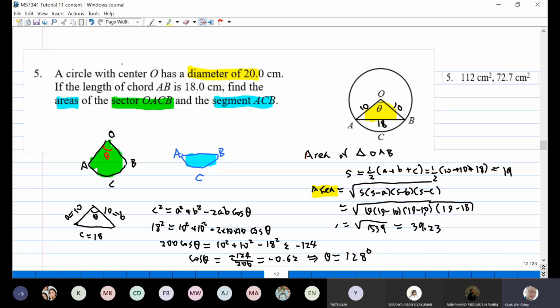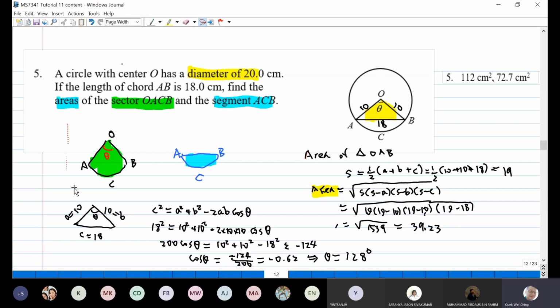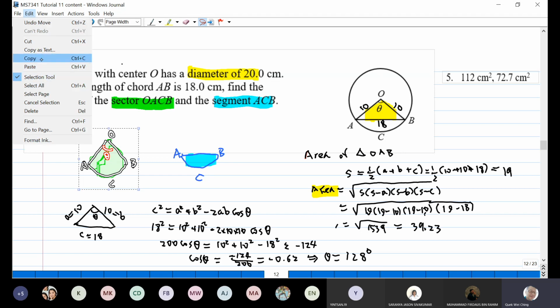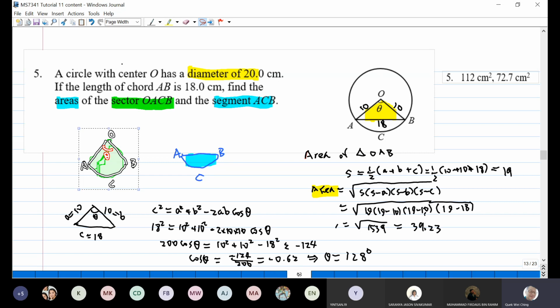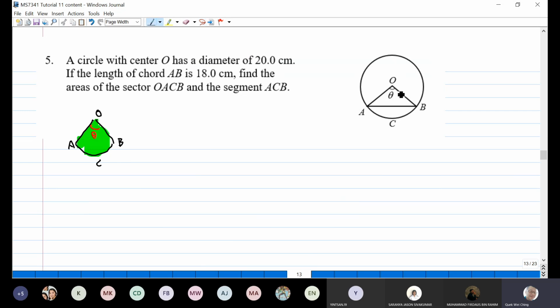Okay, so copy this diagram. I know the angle is 128 now. Okay, we know theta is 128 now. We'll calculate just now.